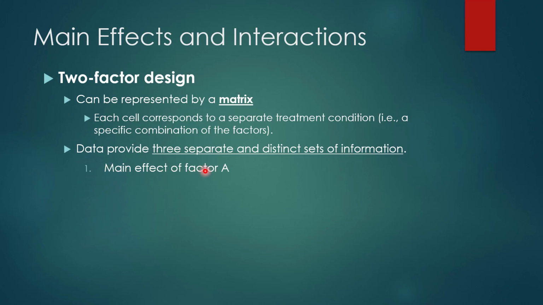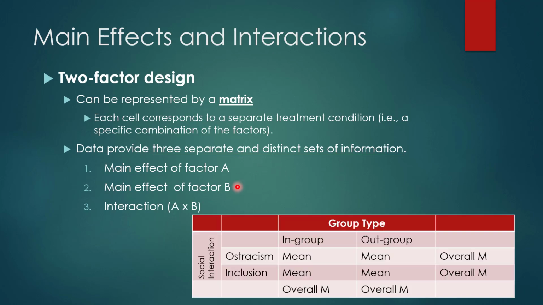There's the main effect of factor A, so the main effect of the factor involving the columns, perhaps. A main effect of factor B, a main effect for the factor involving the rows in the matrix, and then an interaction. And the interaction describes how the factors interact, that is, is the effect of one factor dependent on the effect of the other factor. So here's, again, that table looking at this.